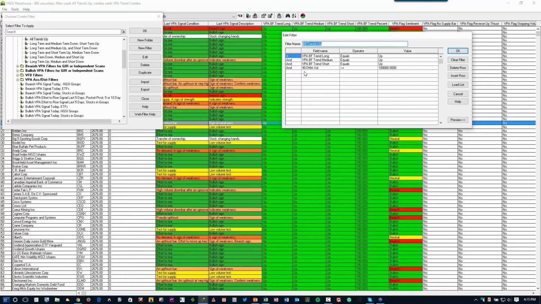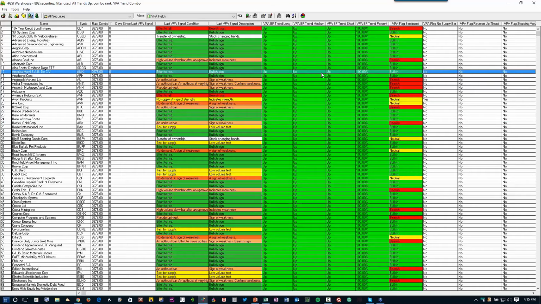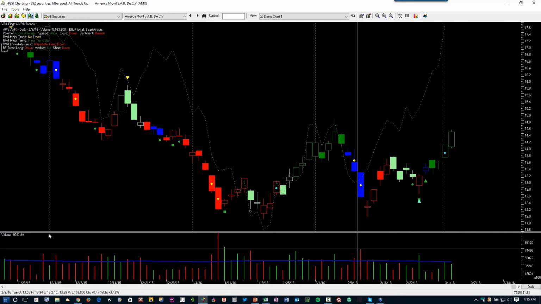And I just added this today, and when I put out an update again, I made sure that the 90-day moving average volume is equal to 100,000 shares, because the VPA flags or the signals are not valid unless there is 100,000 shares traded, based upon the 90-day moving average. And Matt, if I'm wrong about that, just let me know, but I think that's correct.